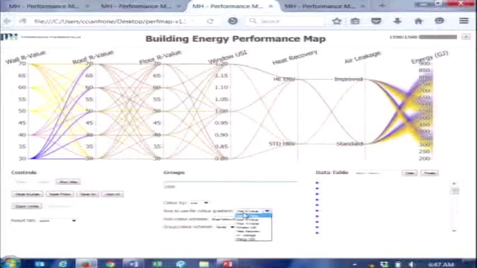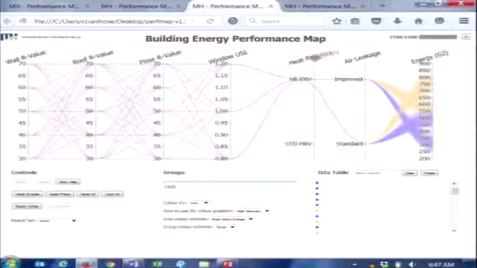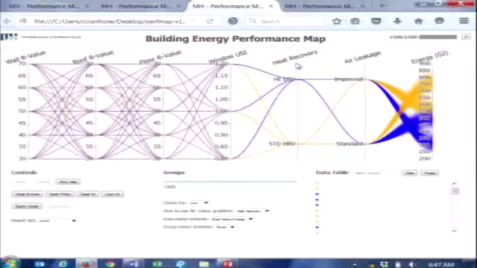Now, one of the interesting things about using this technique is you can start to color code by variable and look at some of the trends in the data. So one of the variables we looked at here was heat recovery. Now, when you're in a cold climate, one of the things that needs to get considered is that heat recovery ventilators often get frost built up on them, and they don't operate at really cold temperatures.